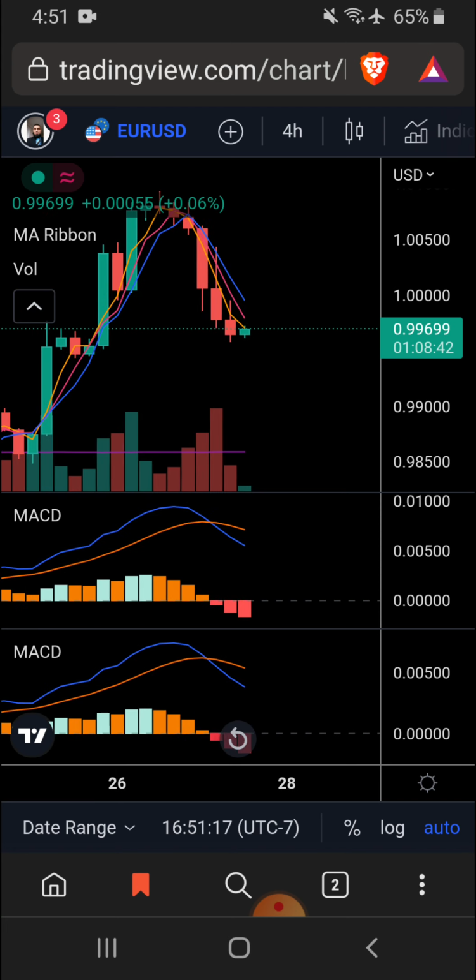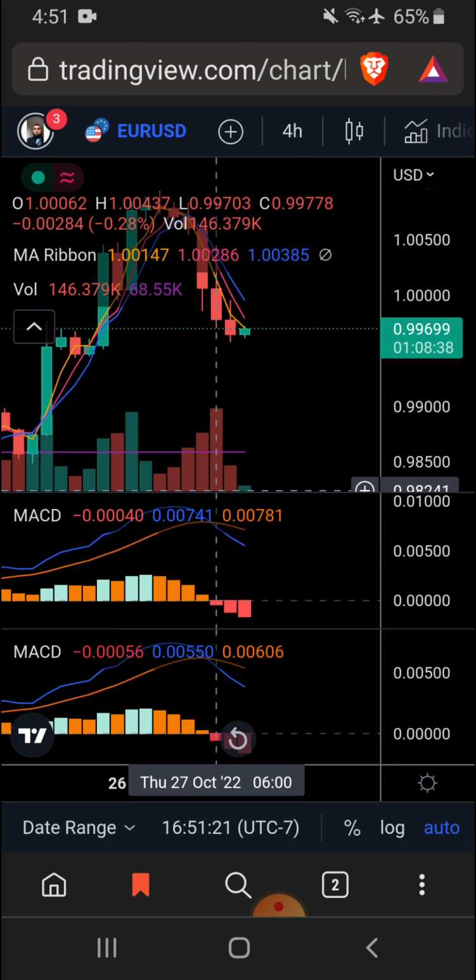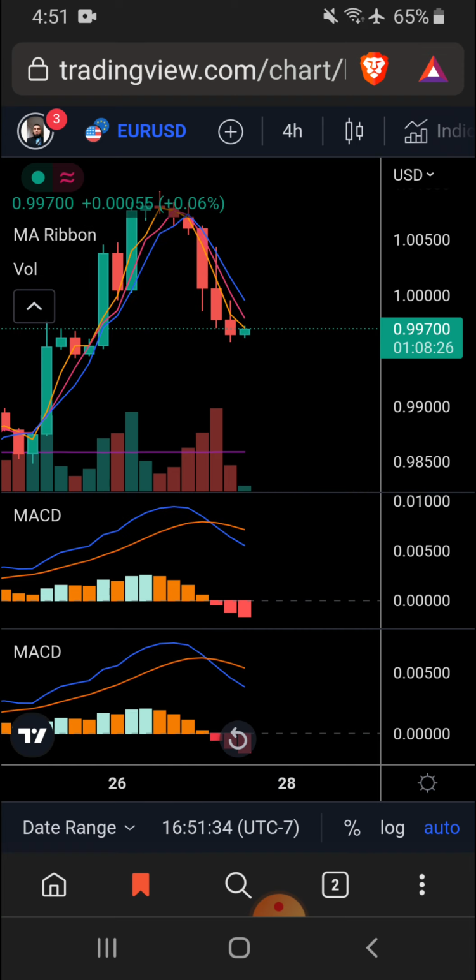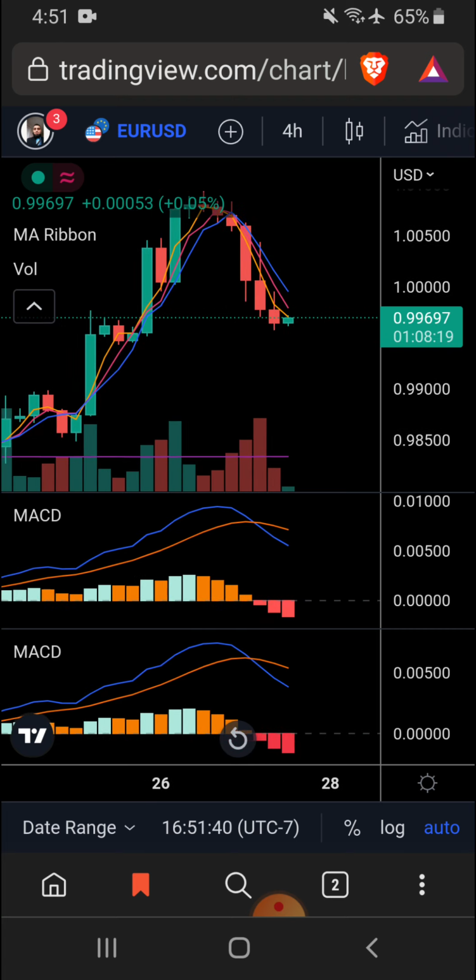So basically, when the volume rises above that line, the purple line on the volume bars, you can see it says 68.291K. When the volume crosses above that, you can use it for an indication, but I guess you could probably even enter short.